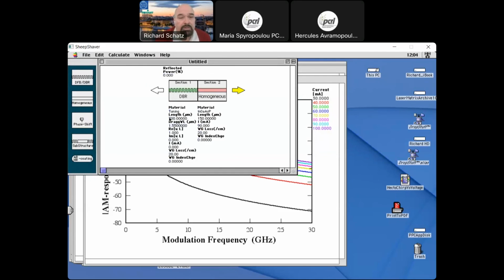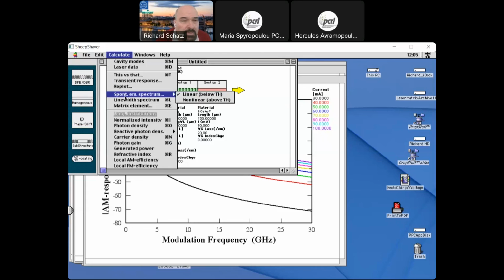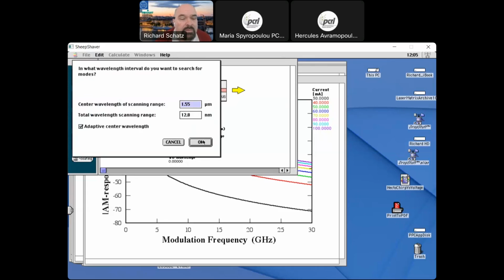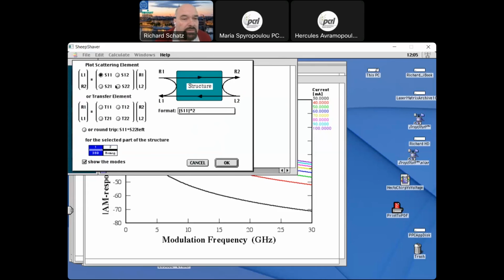Then you remember the Fabry-Perot device here had many modes. However, this grating will select only one mode. We can look at the reflectivity S22 of this grating and then look where the modes are.